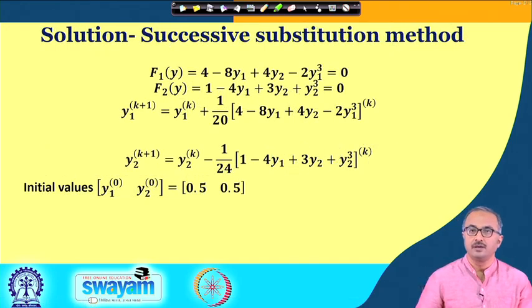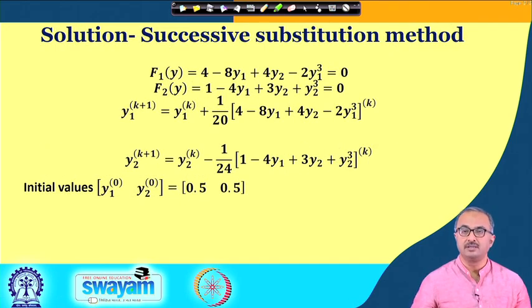Now, first we try to implement the successive substitution method for this system of equations. So, here we write that we have to first find out the values of y1, y2 from these two equations, and please always read this y as y vector. I am not putting the arrow all the time over this particular y.